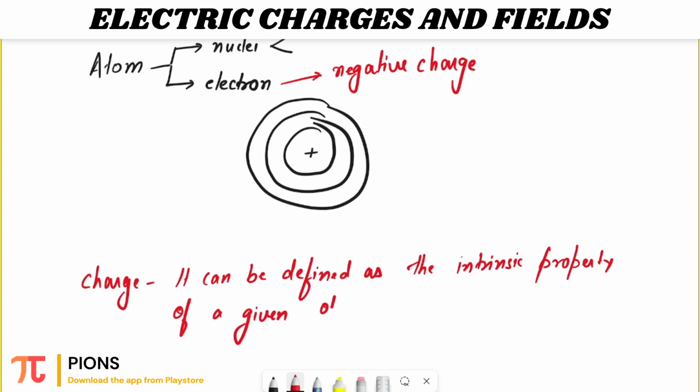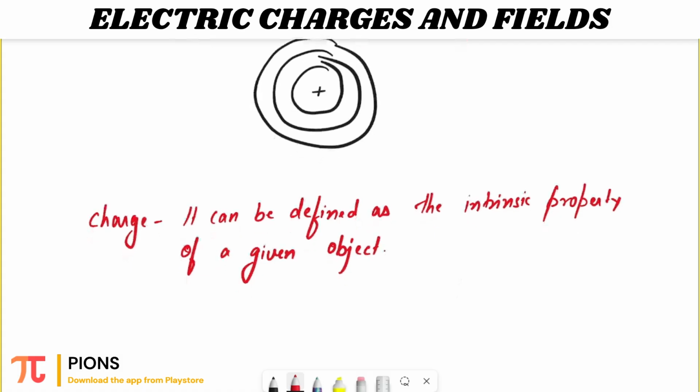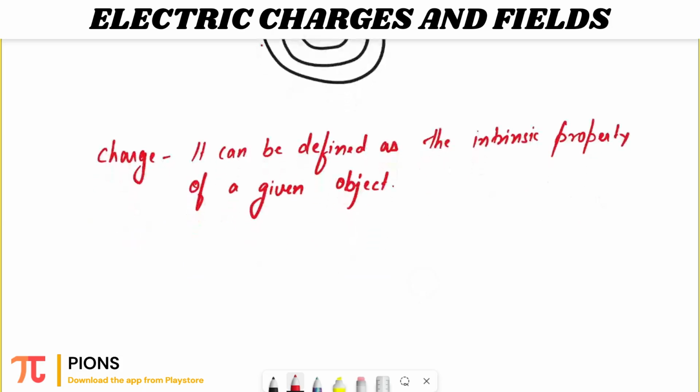Any given object, the intrinsic property, like mass. Unlike mass, it is also a scalar quantity. We will go into the properties of charges, but the simplest definition we can talk about is that it is an intrinsic property of a given object. And there are two types of charge basically. One is negative charge and another is positive charge.